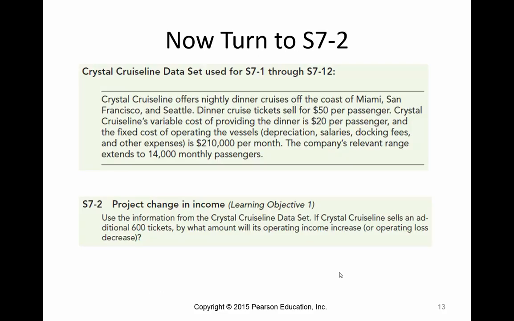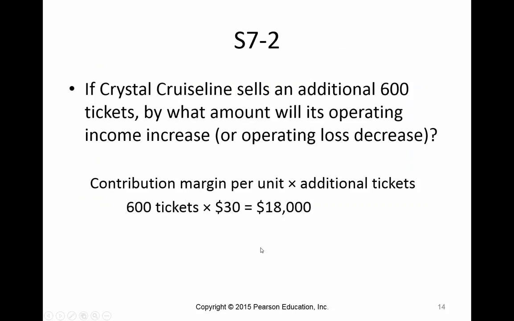Second problem, S7-2. In this one, given the same information that we had above, now we're going to use this information, and what if we sell an additional 600 tickets? By what amount will our operating income increase or decrease? Well, we can just use this information and calculate that because we have our contribution margin information.